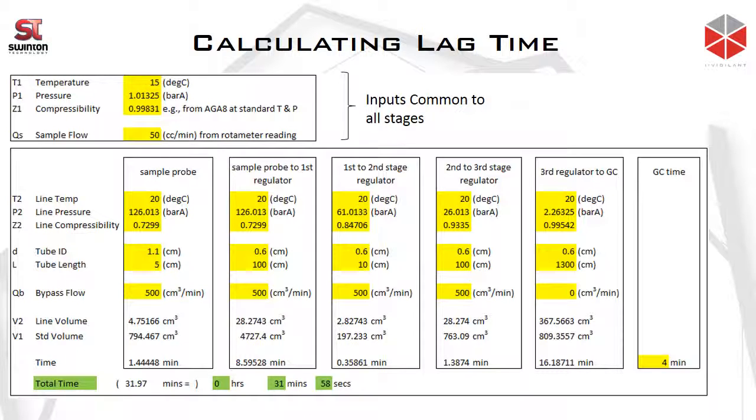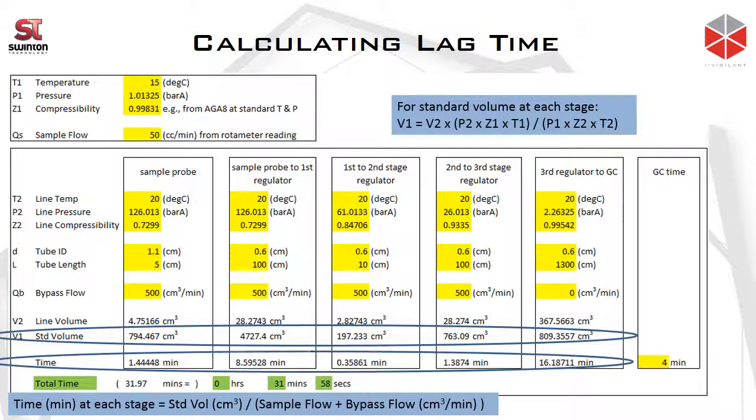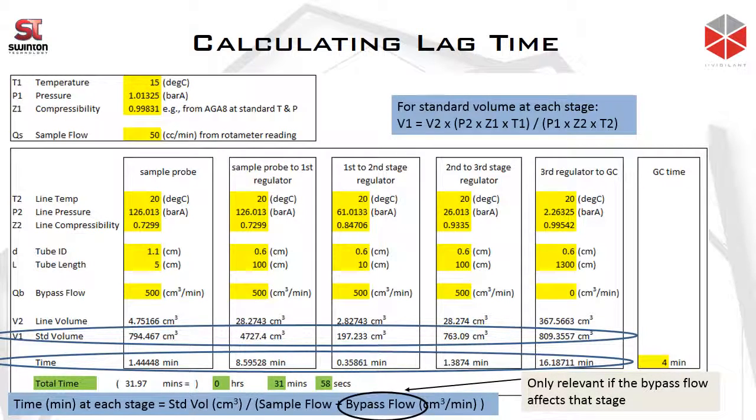From there we can calculate the volume at those conditions, and then from the volume at those conditions we can calculate the standard volume using the formula which we just derived. Once we have the standard volume, then we can find the time at each stage by dividing the standard volume by the total flow, which is the sample flow plus the bypass flow. The bypass flow, of course, being only relevant if it affects that stage.